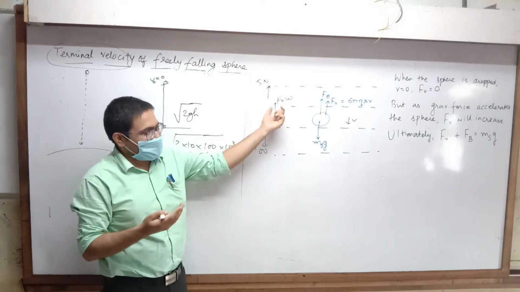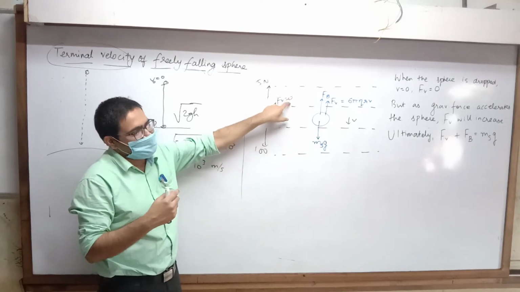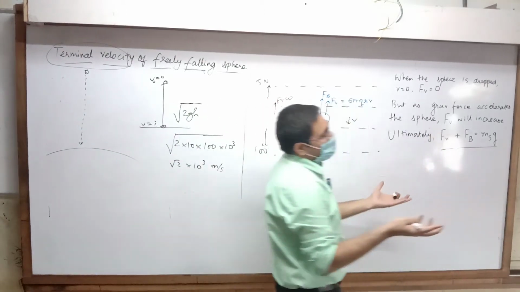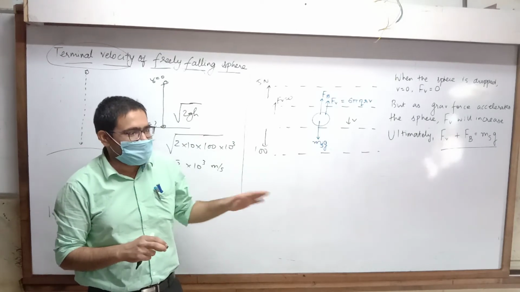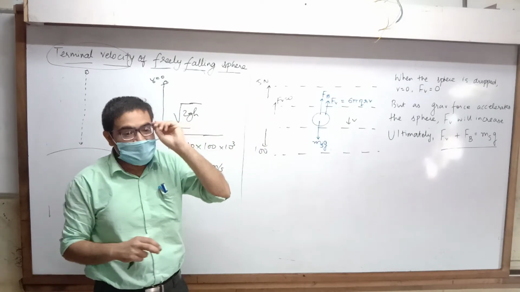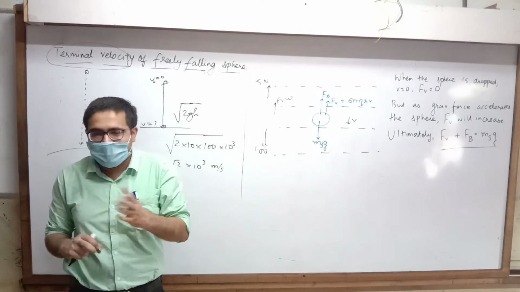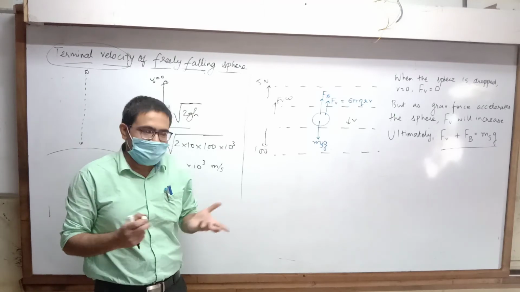Again, at start speed is 0, so this is 0. So gradually as speed increases, this value will increase. A point will come where Fv plus Fb become equal to mg. So that total force is 0. Everything cancels. Total force 0. Total acceleration also 0. Acceleration 0 means now the speed shall become constant.